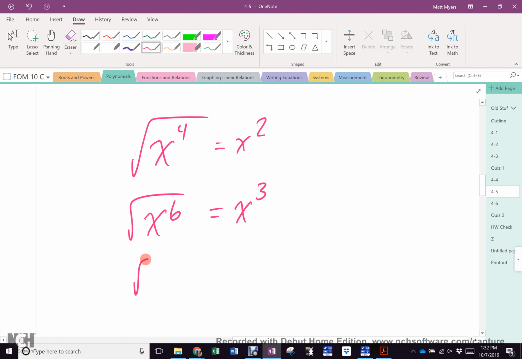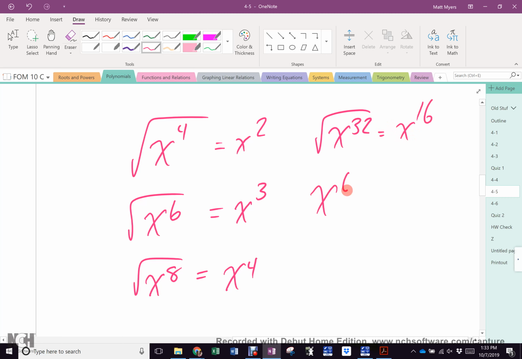What is the square root of x to the 8th? X to the 4th. What is the square root of x to the 32nd? X to the 16th. What is the square root of x to the 64th? X to the 32nd.